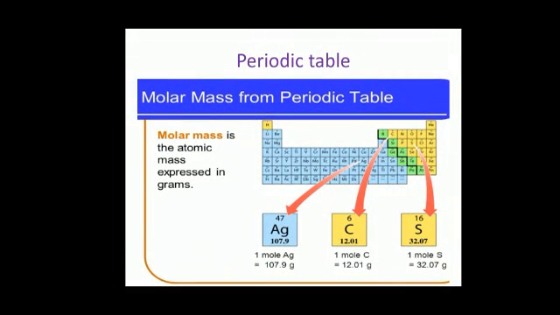For carbon you can see atomic number is 6 and atomic mass, that is also referred to as molar mass, equals 12.01 gram. For sulfur, atomic number is 16 and the atomic mass, or say molar mass, equals 32.07 gram.